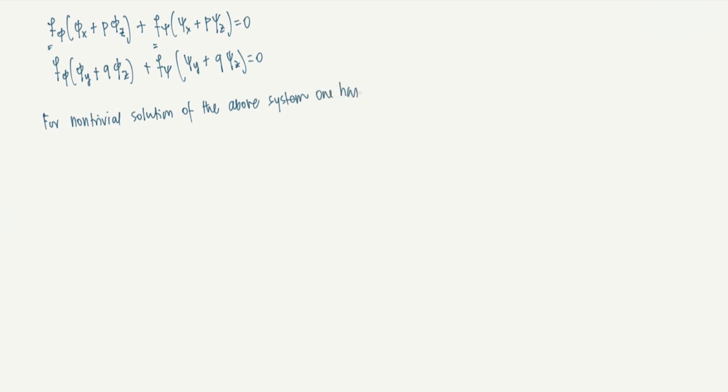One has the determinant of that matrix. So basically, what is it? This is phi x plus p phi z, and then psi x plus p psi z, and then you have phi y plus q phi z, and psi y plus q psi z. This is equal to 0.